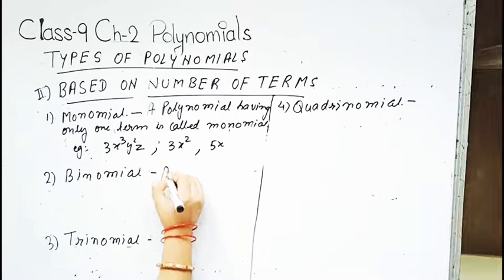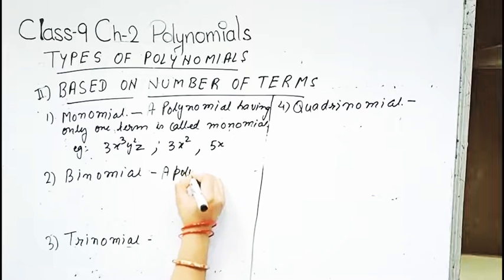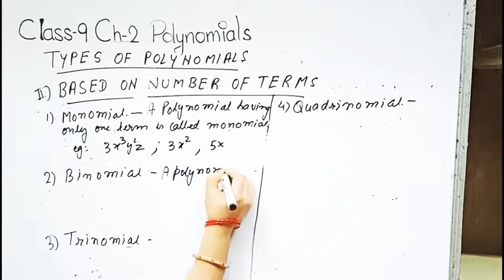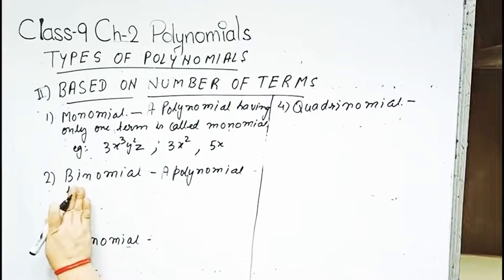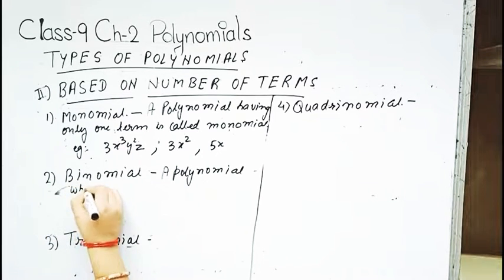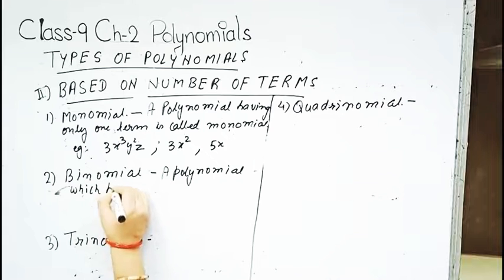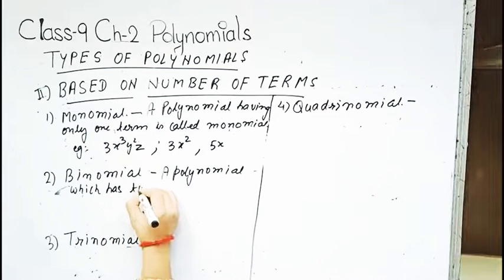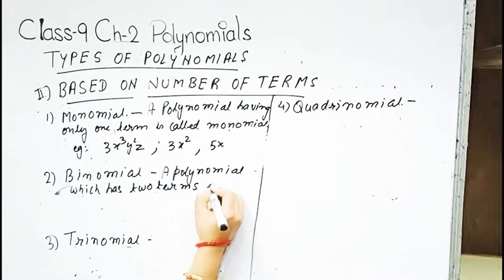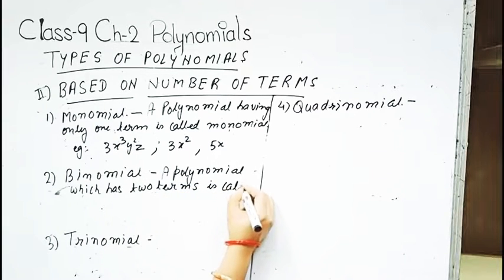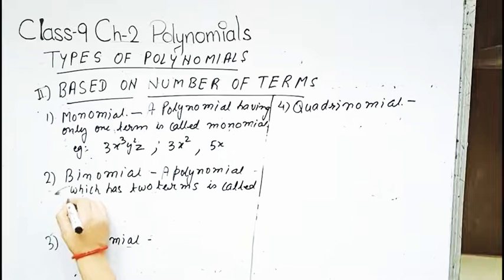Binomial: a polynomial which has two terms is called a binomial.